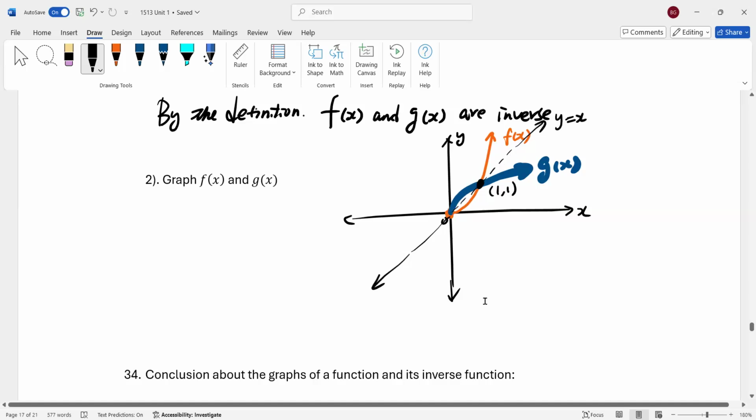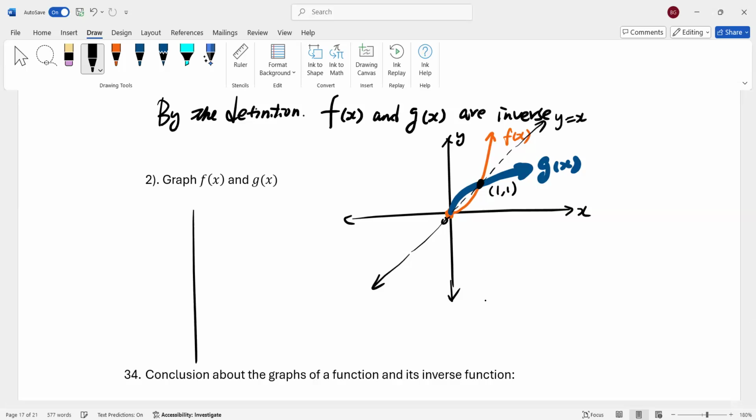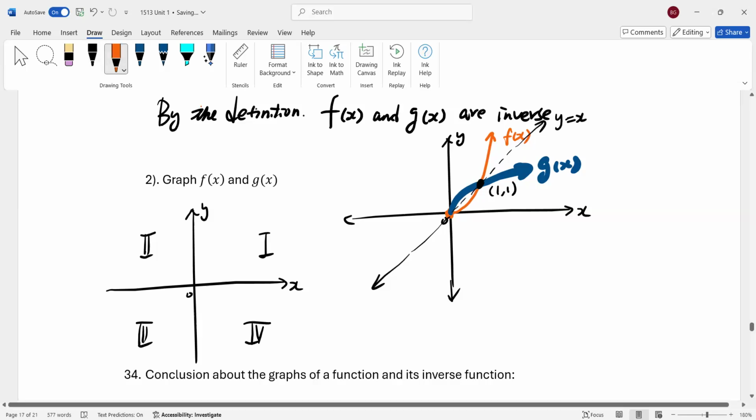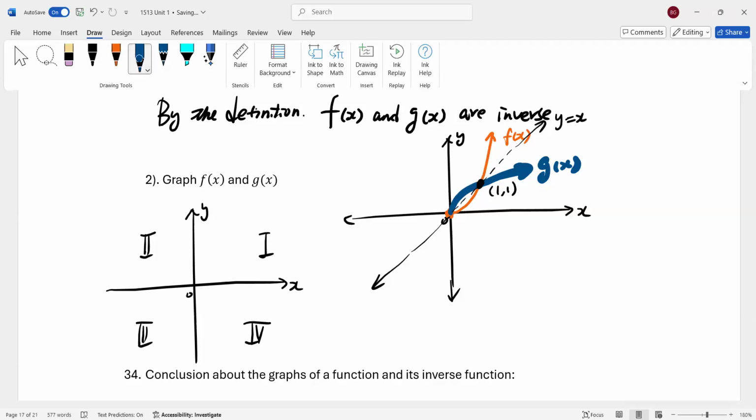You understand what the bisector of quadrant 1 and quadrant 3 is, right? This is the rectangular coordinate system. This is quadrant 1, 2, 3, 4. And the bisector of quadrant 1 and quadrant 3 is this dashed line.